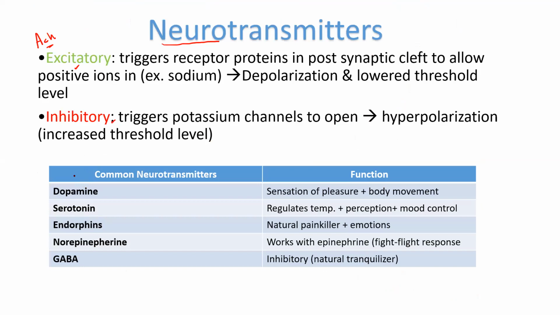Now, some other common neurotransmitters other than acetylcholine are dopamine, causing pleasure, serotonin, mood, appetite as well, endorphins, painkillers, norepinephrine, fight or flight response. So this is used in the peripheral nervous system, autonomic nervous system. And GABA is an inhibitory, it's a natural tranquilizer.